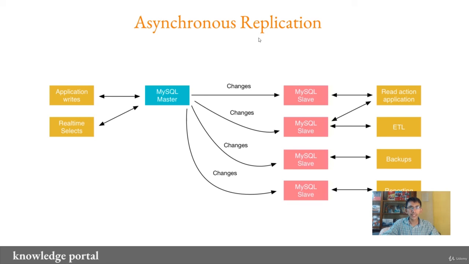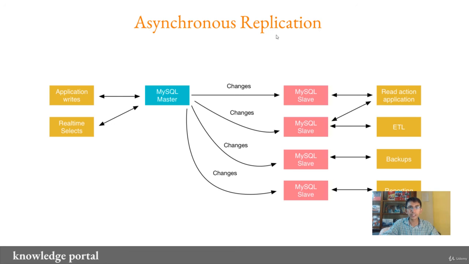When it comes to asynchronous replication, we already discussed that whatever application write might happen, it happens to the primary DB, and then after it has been committed to the primary DB, the changes would be replicated to various slaves or various read replicas. From the read replica, you can do a backup, an ETL or various other things.